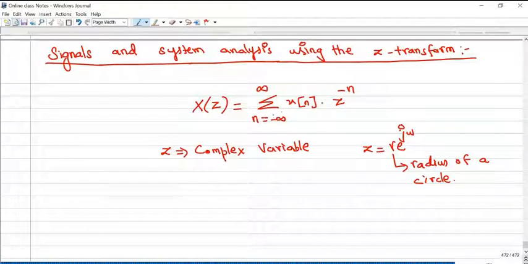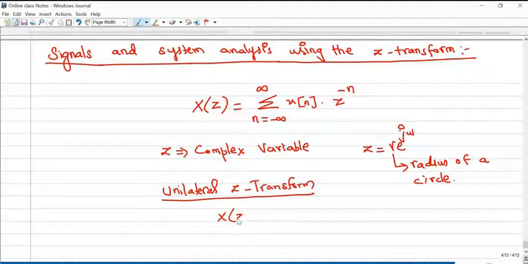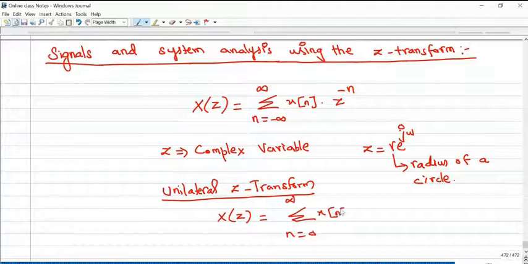This is the bilateral Z transform, the standard formula. Suppose it is a unilateral Z transform. If they specify unilateral Z transform, then we go with this formula: summation n equal to 0 to infinite x of n z power minus n.